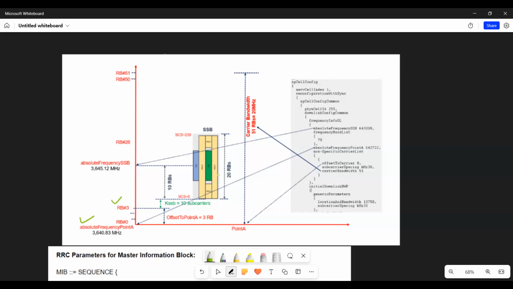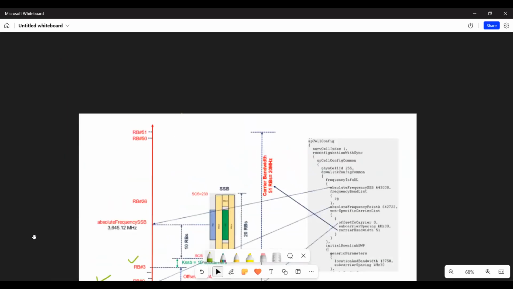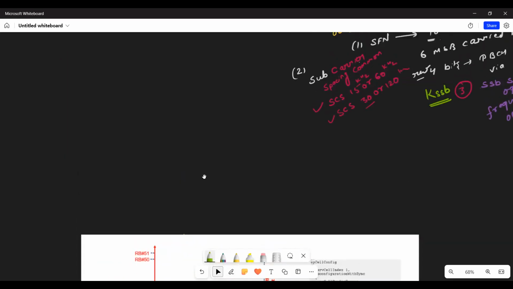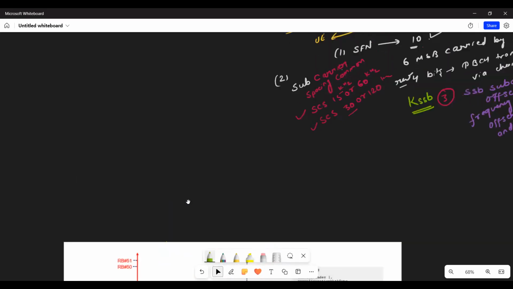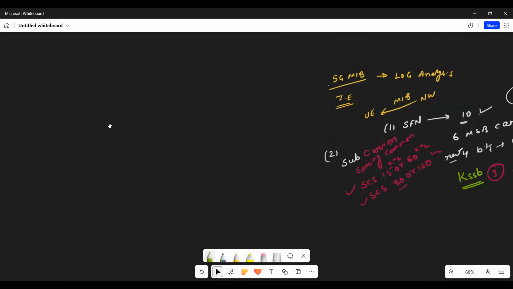So this offset to the RB, from where your SSB is starting, is known as KSSB. And this is denoted in terms of subcarriers. This is 10 subcarriers given for example, right? So we move towards the next part. I'll explain this diagram in the later videos in detail, okay? So don't worry about that.